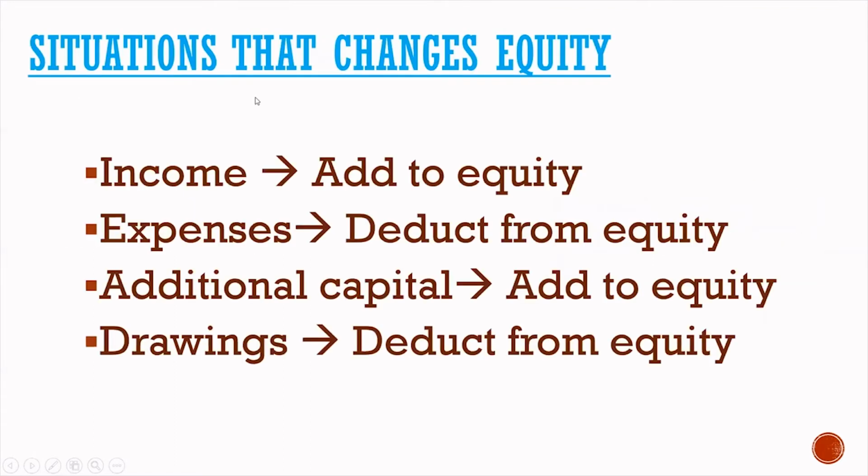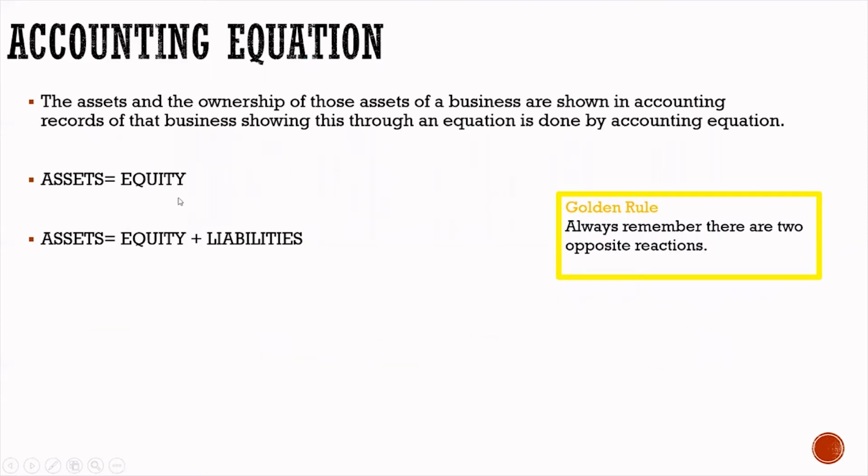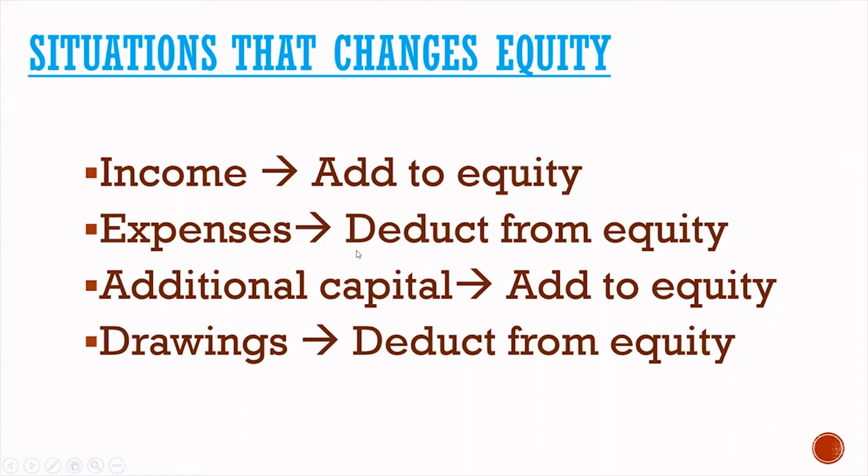So what are the situations where equity changes? We discussed before that assets equal equity, or assets equal equity plus liabilities, but there are occasions where the equity can change. Just as we described in our previous YouTube videos, due to an increase in incomes, our equity can change.